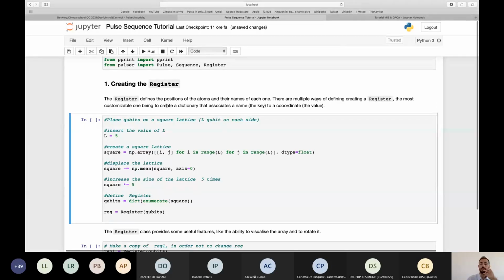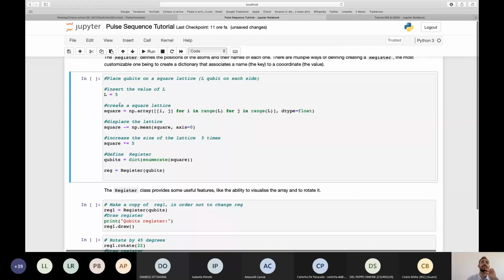Let's now see what this part of the code does. Here I want to place the qubits on a square lattice. I want L qubits on each side of this square lattice, so I put L equal 5. This creates an array of positions.